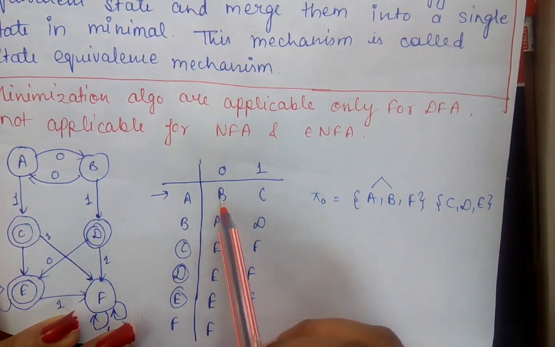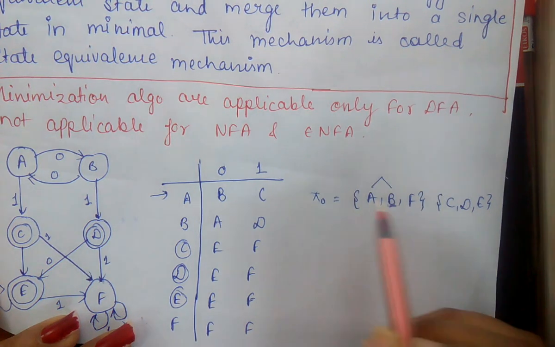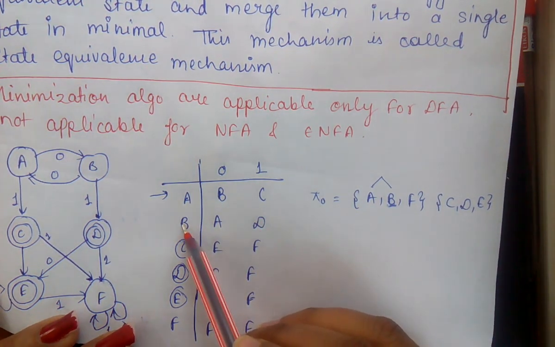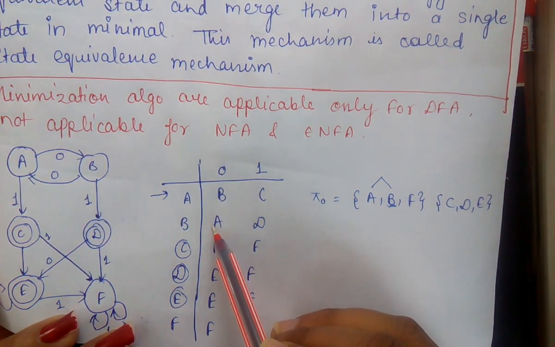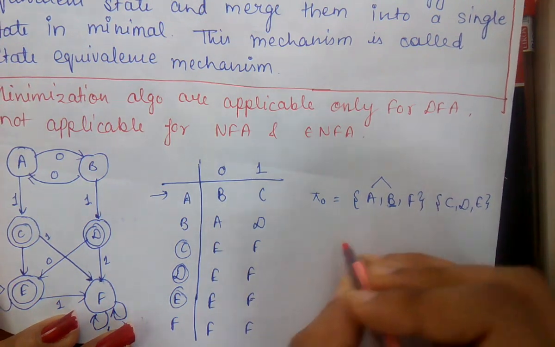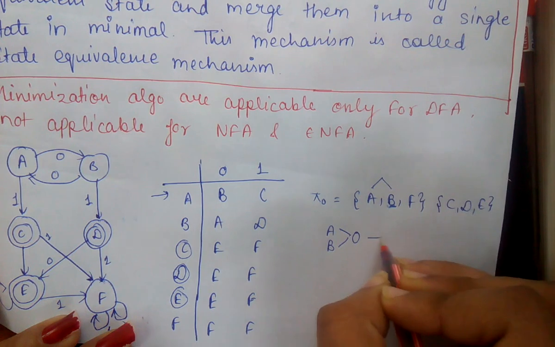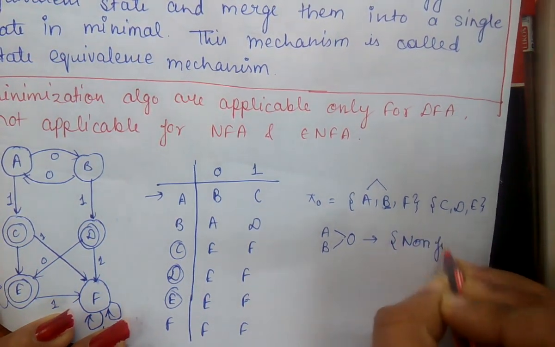It is going to B, and B is a non-final state. In the same way, if we check B for input 0, where is it going? It is also going to a non-final state. Means if we provide 0 to A or B, it is going to a non-final state.